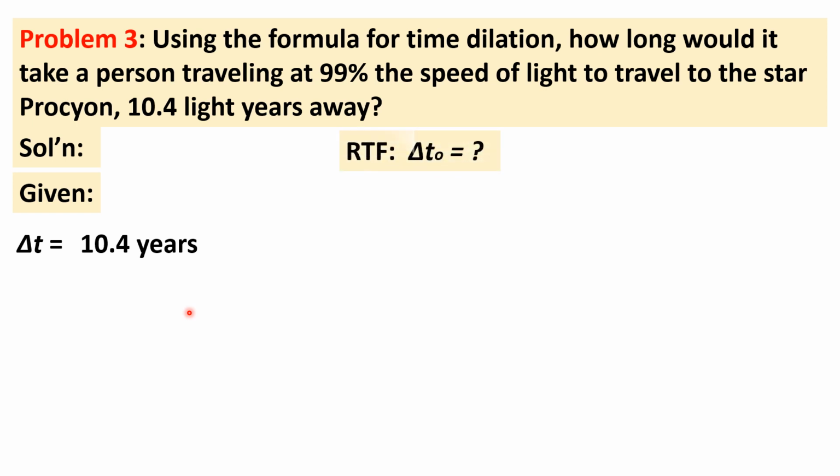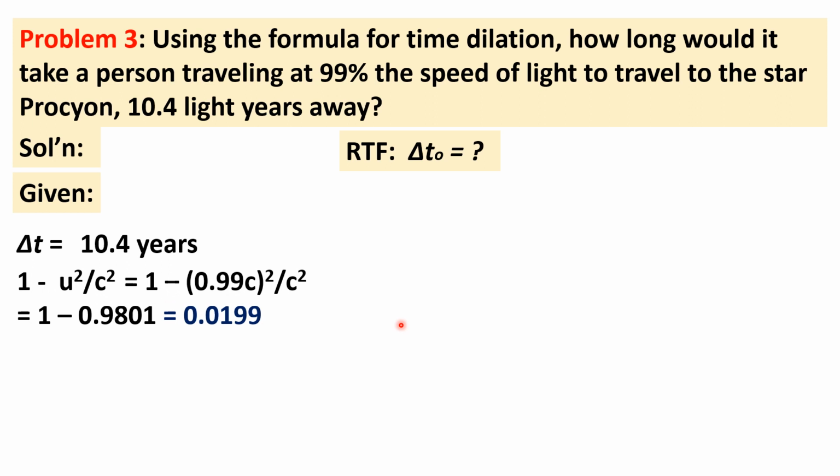What we are asked is to find the proper time, or delta t naught. This is the time it takes the person, from his frame of reference, to reach the star Procyon, which is in fact 10.4 light years away.